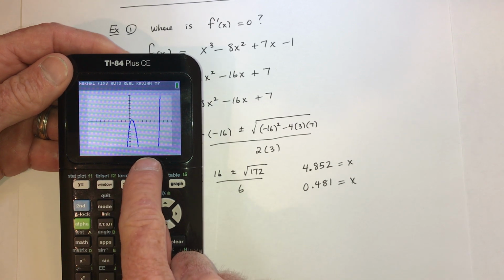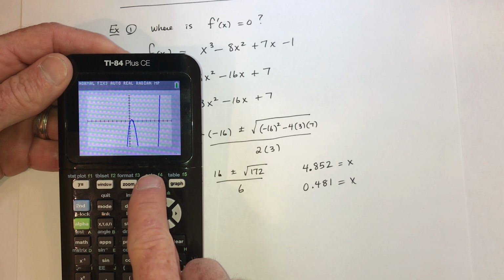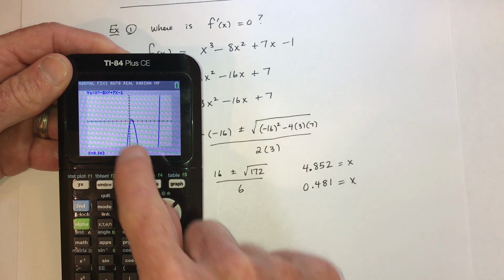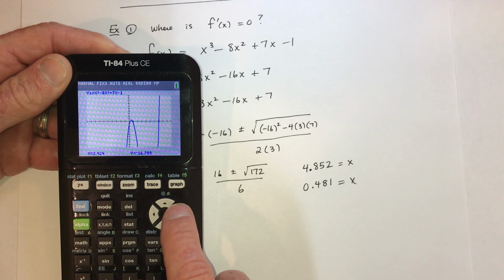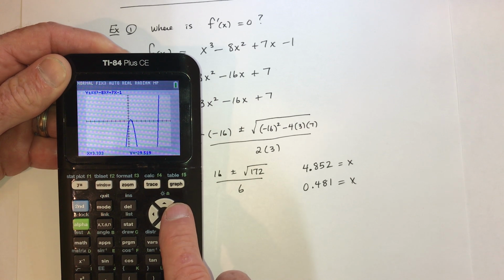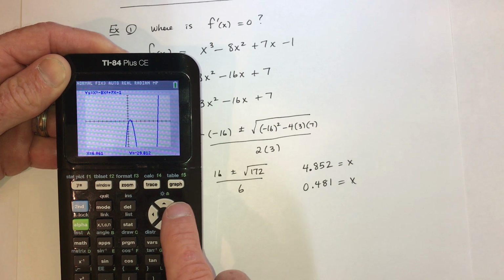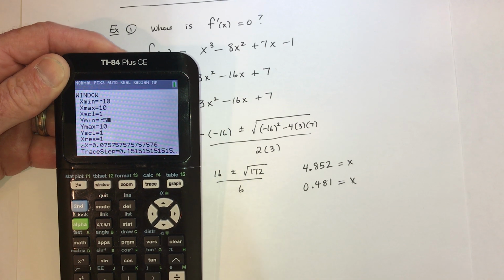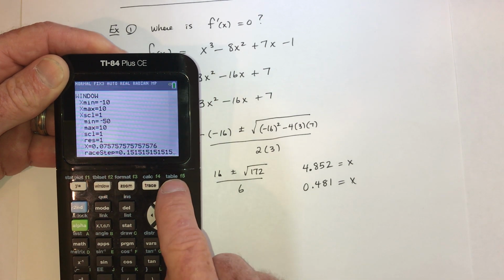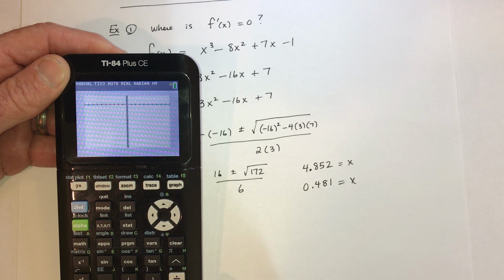So this part down here, if you go to trace, you don't even have to look at the cursor, but just look at the y values, it'll tell you how far down it's going. So it's negative 29, 37, 38, 39, 40. It went to about negative 41. So I'll put this at negative 50, and then I should be able to see the whole graph.